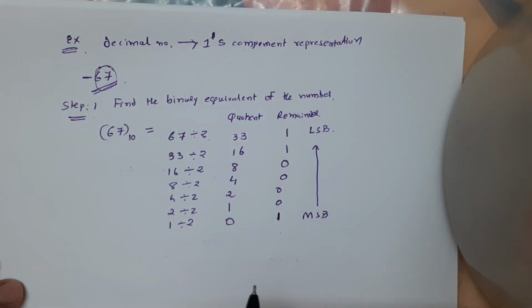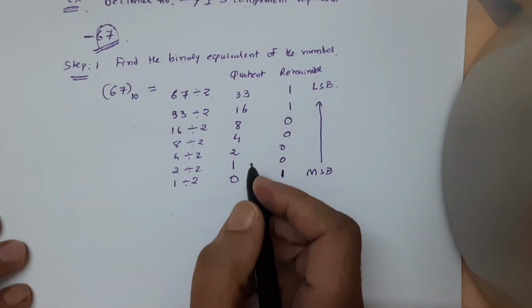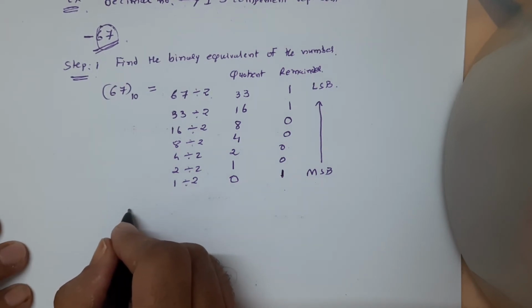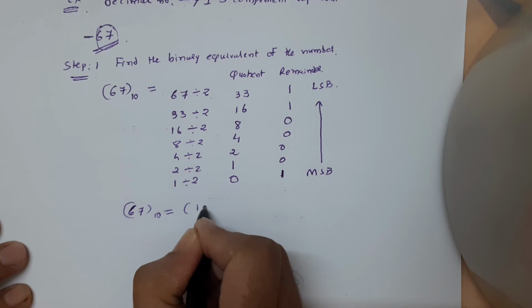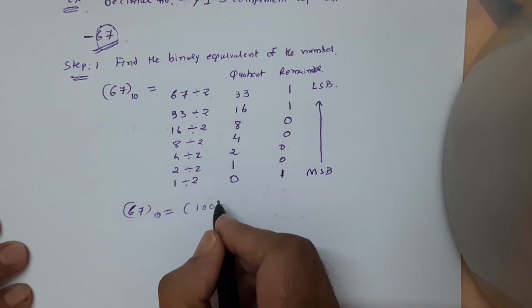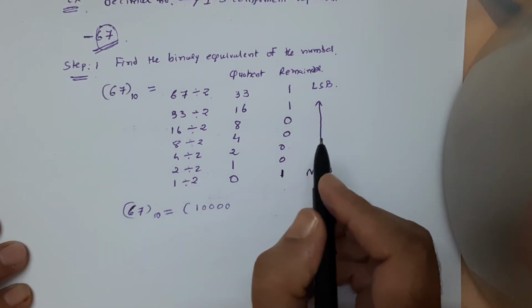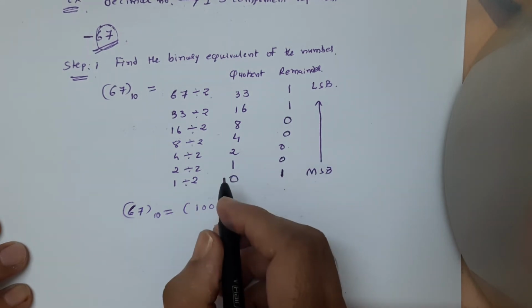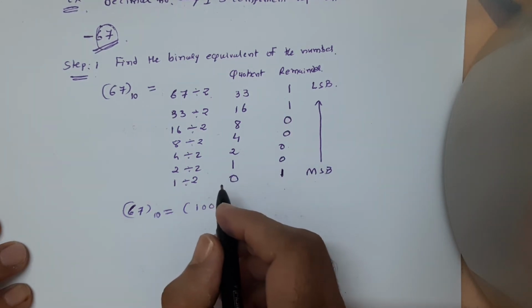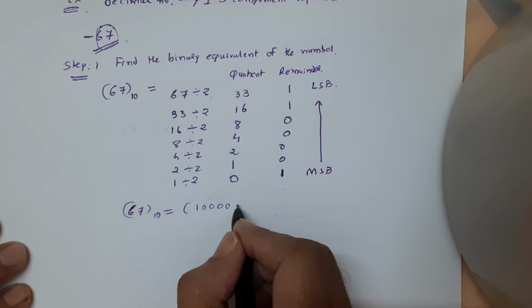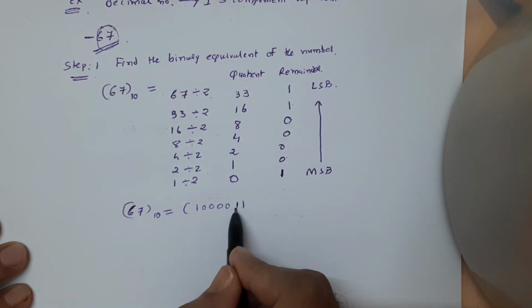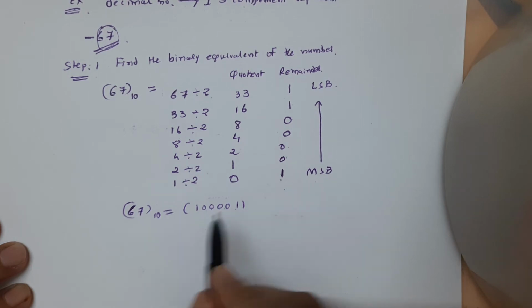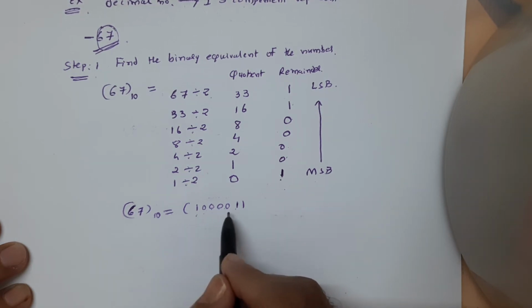Right? So 67 in decimal is equal to 1 0 0 0 0 1 1.